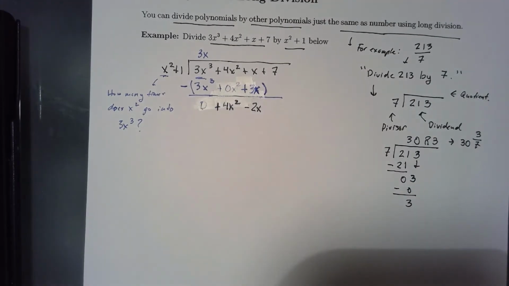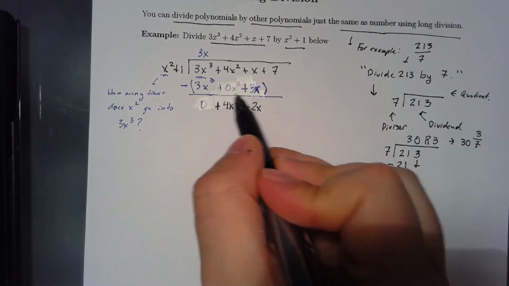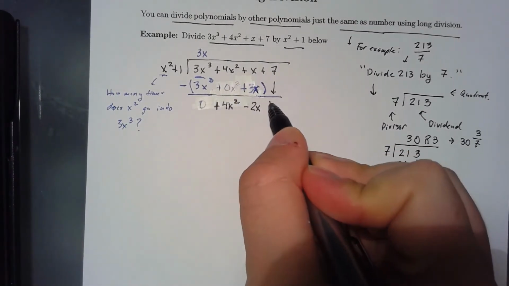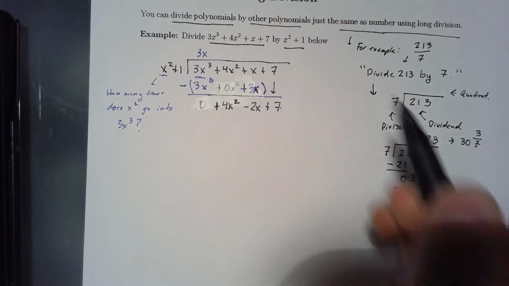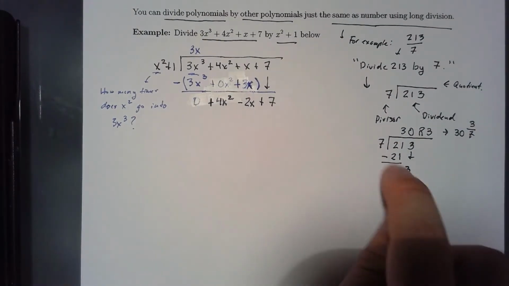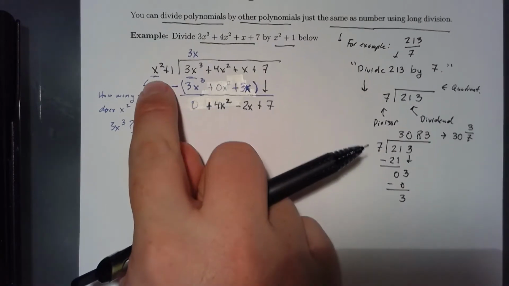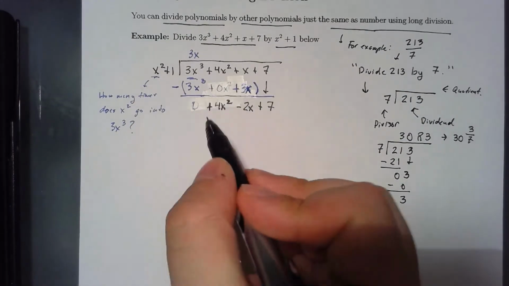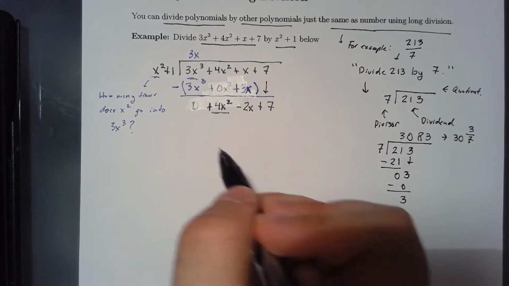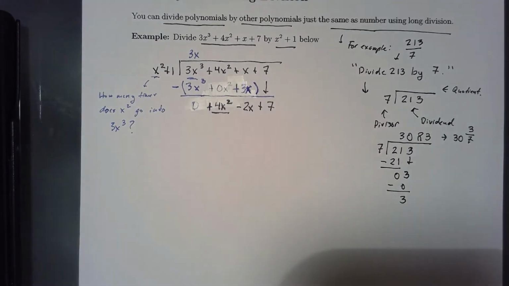Okay, so now that I did that, I subtracted this from the dividend, I could bring the 7 down. Just like I did here, I brought the 3 down. And now you repeat the process, right? How many times does x squared go into, now the leading term here is now 4x squared. I don't care about the 0 here because that's been reduced.